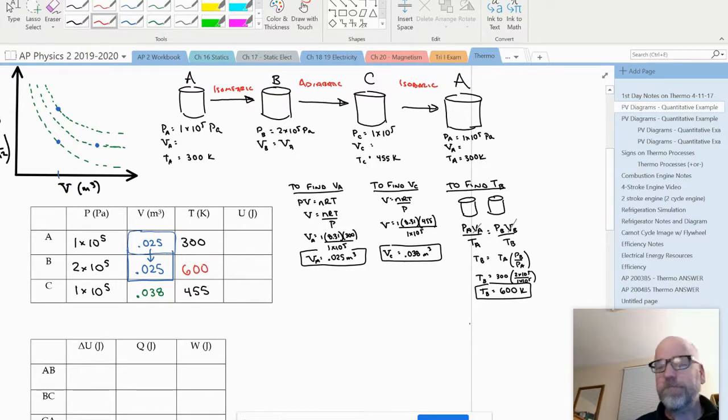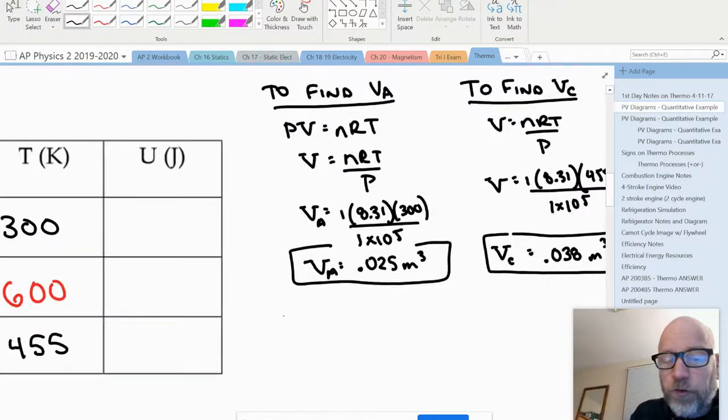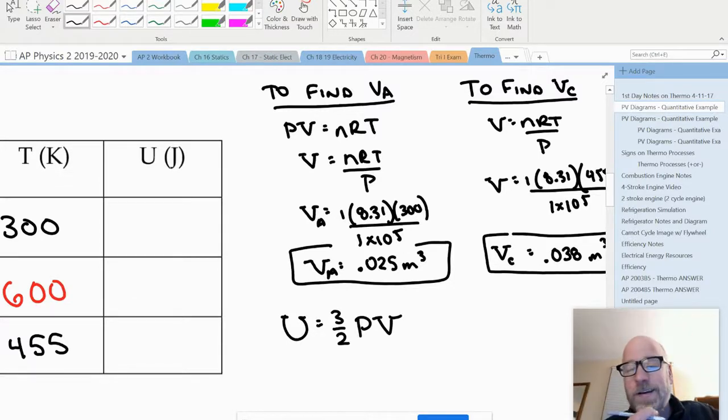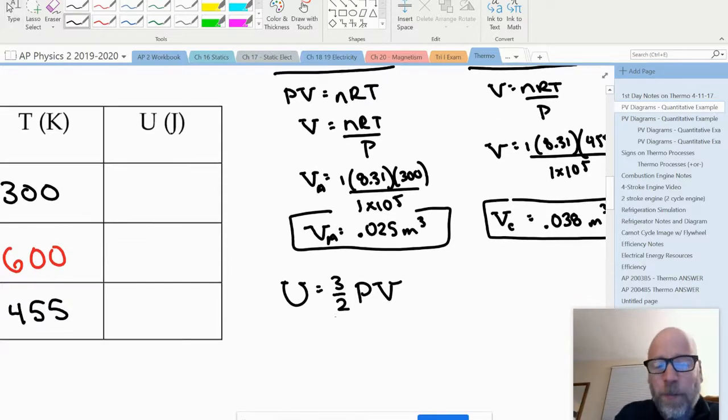Okay. Last thing to fill in my information. To find the internal energy, U, I could do it a few different ways. I could do 3 halves PV. Yeah, let's do 3 halves PV. That's the easiest. So I'm going to show my work for the first one, and then I'm just going to fill in the answers for the other. You guys cool with that?